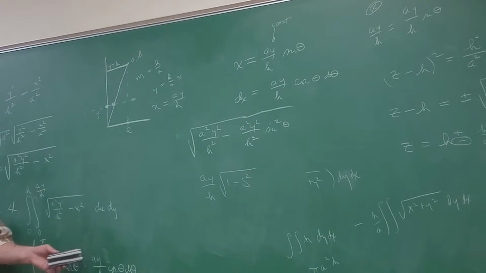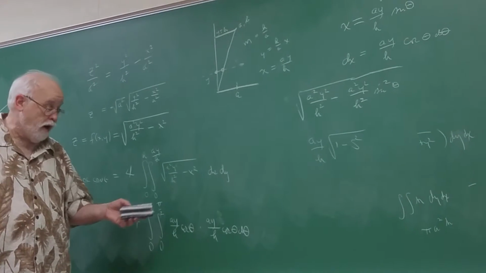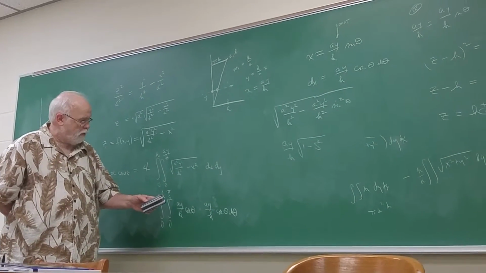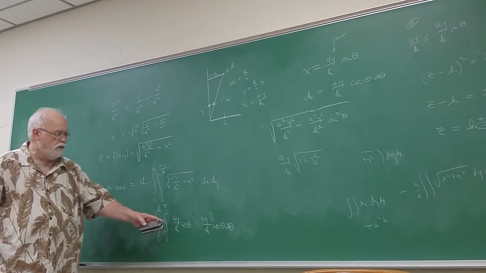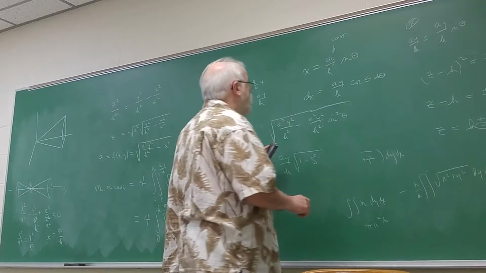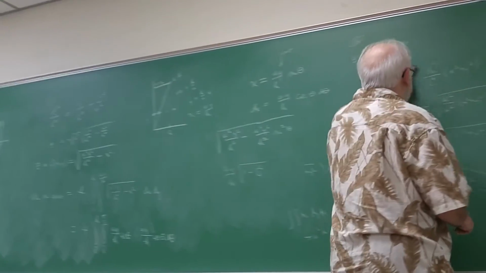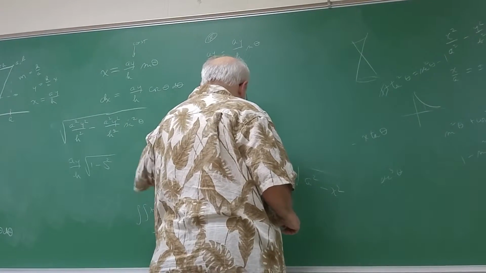And then what about this integrand here? It's a square, but what about it in terms of the y's and the thetas? This thing factors. So my whole integral factors. And that's the nicest situation.